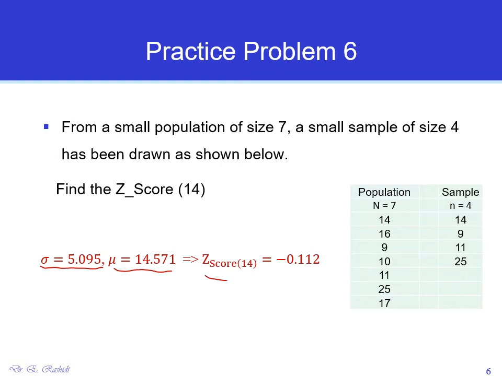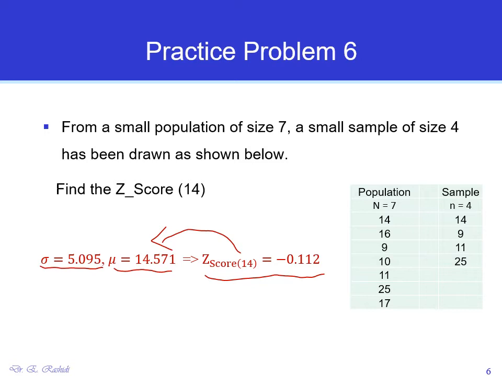The Z-score would be 14 minus the average divided by the standard deviation, which is negative 0.112. So this negative number shows that 14 is below the average, which it is. 14 is less than 14.571.